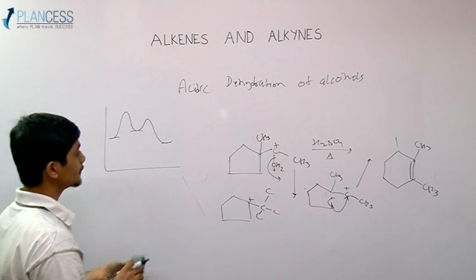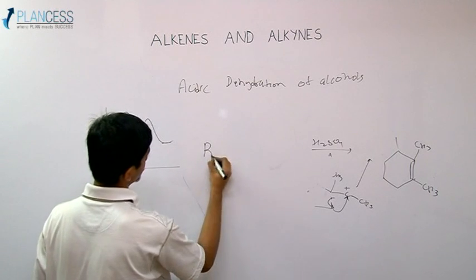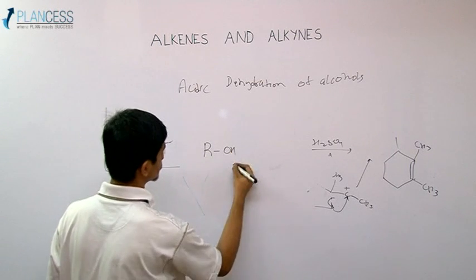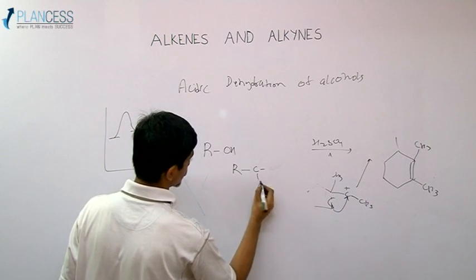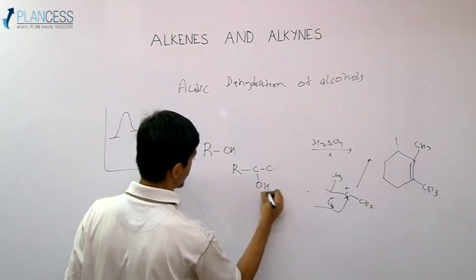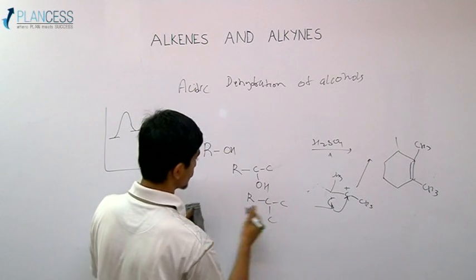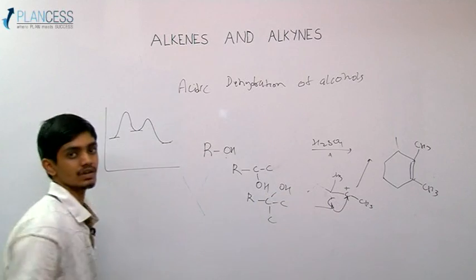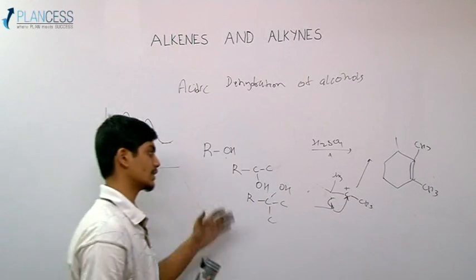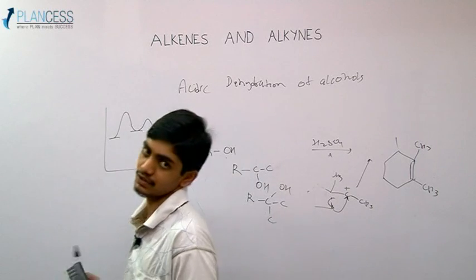Now another simple question. What do you think is the order of ROH, primary alcohol, secondary alcohol and tertiary alcohol? What do you think is the order of reactivity of these three when it comes to dehydration?